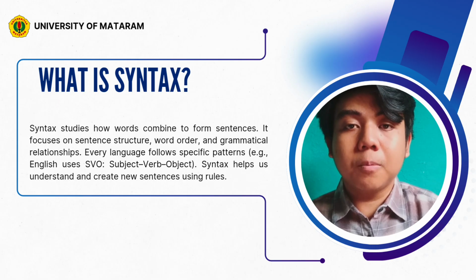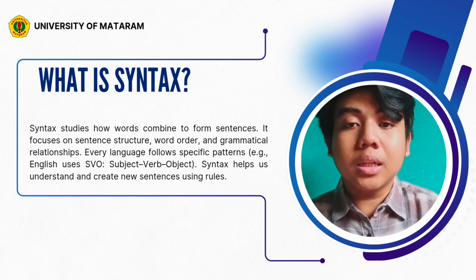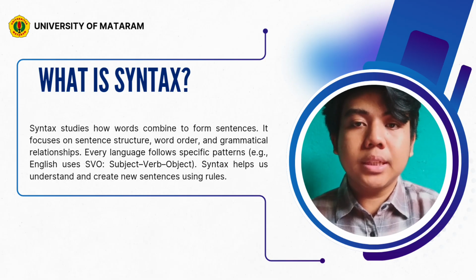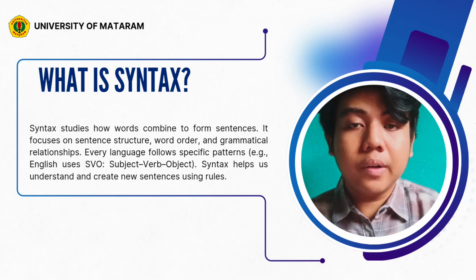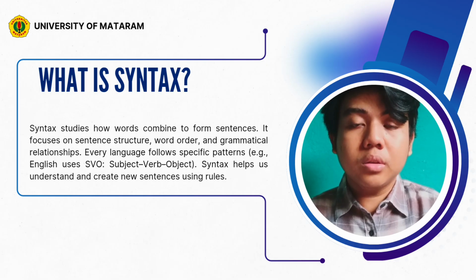So the first one is about the definition of syntax. What is syntax? Syntax is the study of how words combine to form sentences. It focuses on sentence structure, word order, and grammatical relationships between words. Every language follows certain patterns.